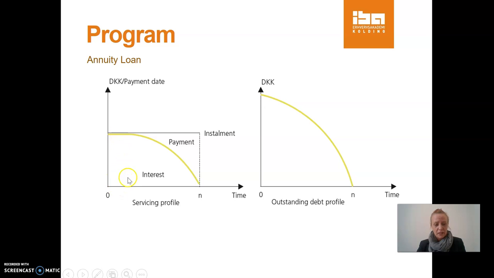Then as duration time passes, they will pay less and less interest and have more and more installments or repayments of their actual principal. Therefore the outstanding debt profile will look like this. To begin with, you don't notice a lot of repayment of the actual principal, but then at a point you will start to see it decrease faster than in the beginning. So that's the annuity loan.